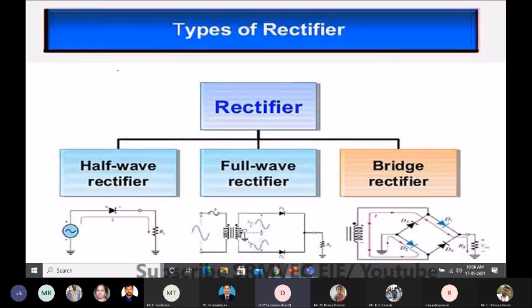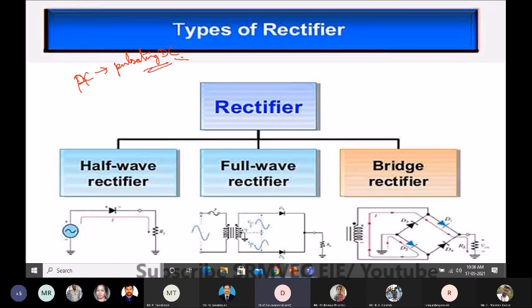Now, after knowing the functionality of the diode, we are moving to the rectifier. So what is a rectifier? We know it is converting AC into pulsating DC.